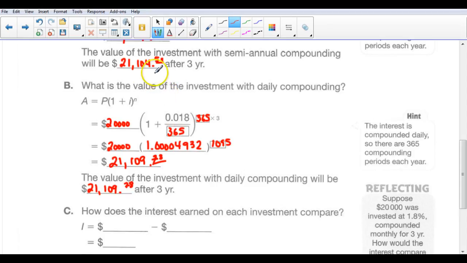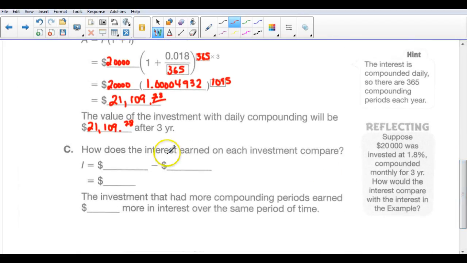Now, which one was higher? When the compounding period was only 2, the amount of interest after 3 years was $1,104.59. When it was compounded daily after 3 years, 365 compounding periods, it was $1,109.78. Not a lot different, but it's still a larger number. So how does the interest earned on each investment compare?